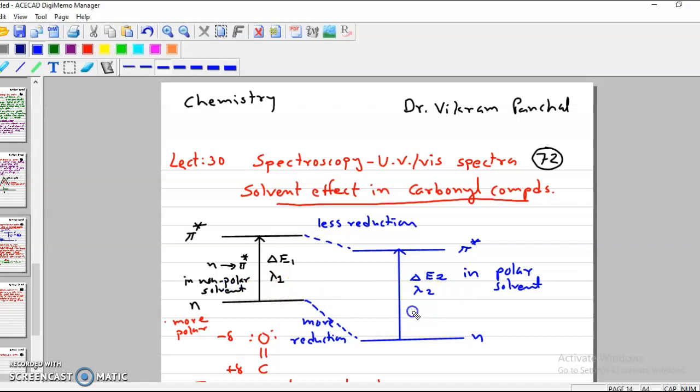It is visible that delta E2 is greater than delta E1. That means lambda 2 will be less than lambda 1, that is, lambda maxima decreases. So the graph will go towards blue shift. It is also considered a blue shift.